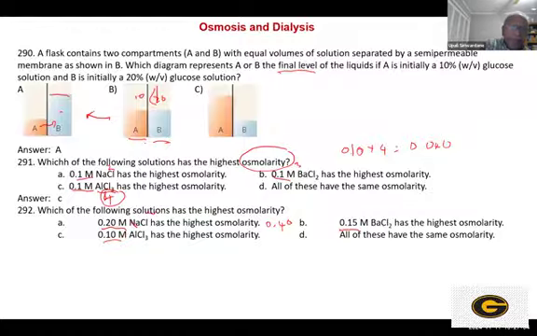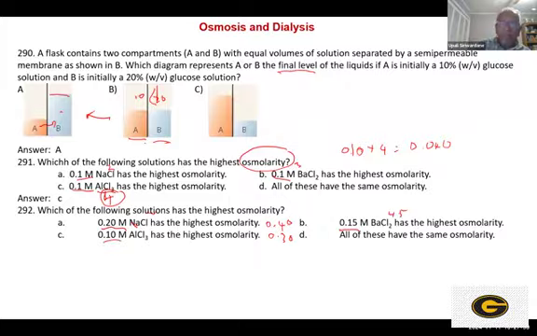Osmolarity here is, barium chloride, 0.15 multiplied by 3. This is 4.5.